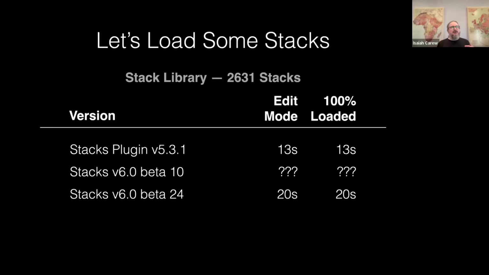Unfortunately, if you load your project file after it starts loading the library, edit mode doesn't even become functional for another 20 seconds. So, again, you make measurements, you make some assumptions about how it's going to work. And in the end, when you actually use it on somebody else's project and somebody else's library, not as great.